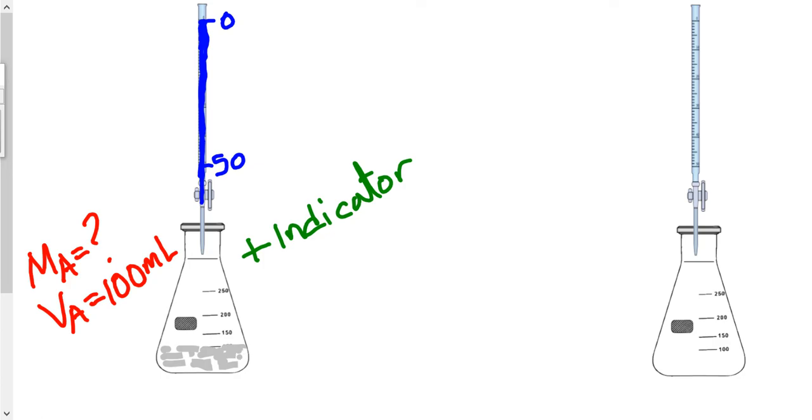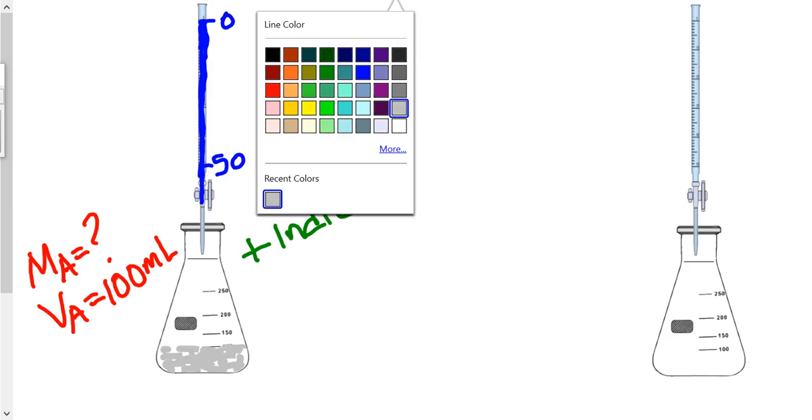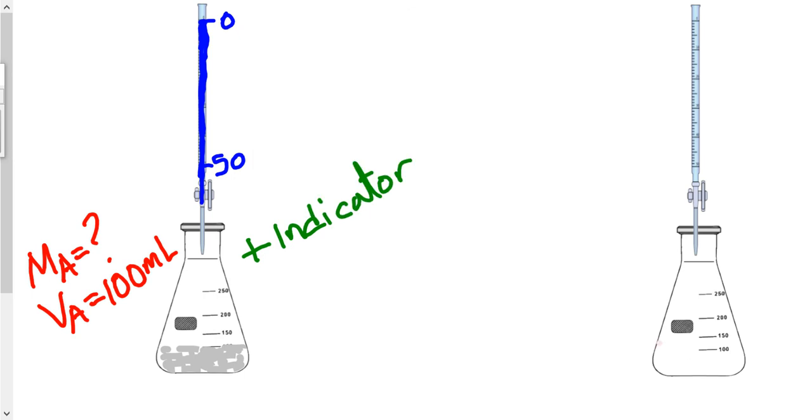So assume that this is my acidic solution. And when the endpoint is reached, the solution is going to turn slightly pink. So let's say now I have this solution, which is not transparent anymore. It's slightly pink.